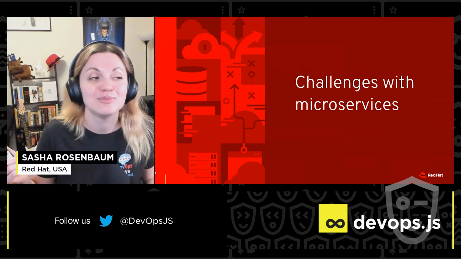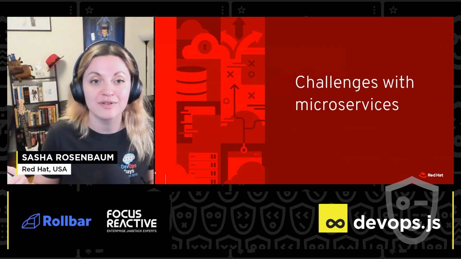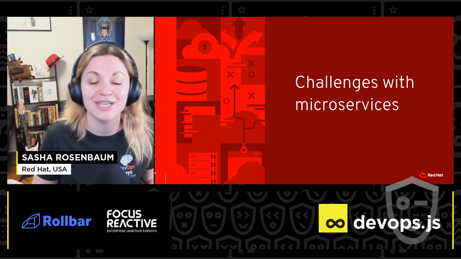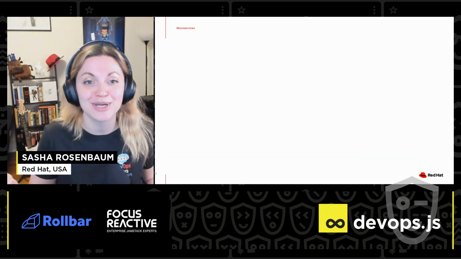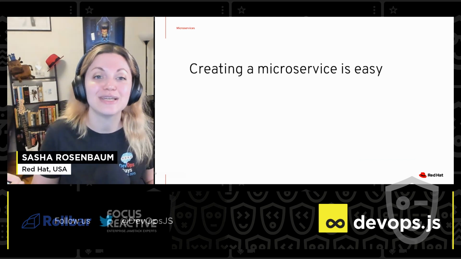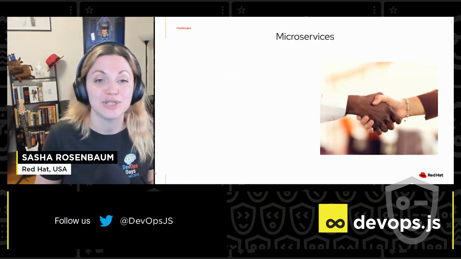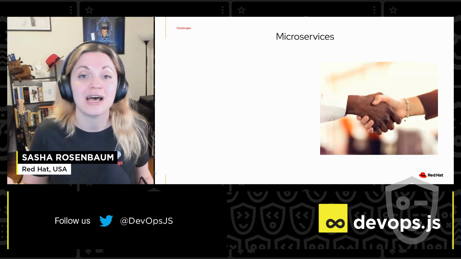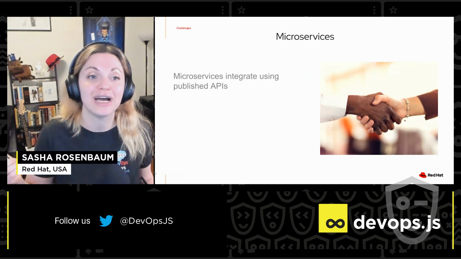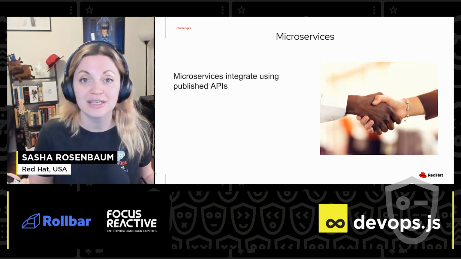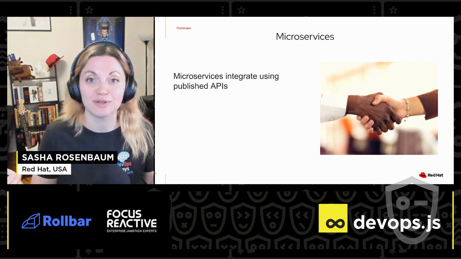So let's talk briefly about challenges with microservices. So not everything is rosy. We didn't solve all of your problems. We just created different types of problems with microservices. So basically, creating microservices is easy. Getting microservices to play well with each other can be hard. One of the things that happens is microservices integrate using published APIs. So think about it as a contract. You essentially have contracts between different microservices.